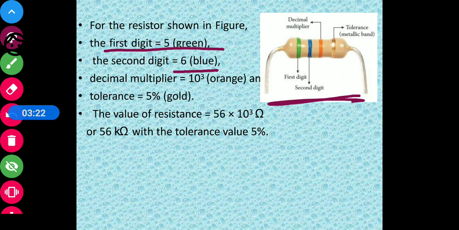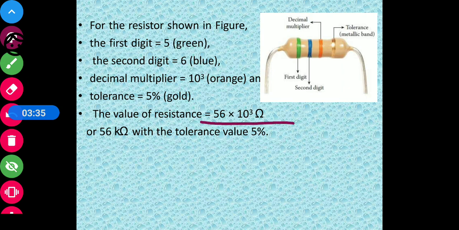The third ring, orange, is the multiplier; orange is 3, so 10 raised to power 3. The fourth ring is gold, which is 5%. So the resistance is 56 times 10 raised to power 3 ohm, or you can say 56 kilo ohm with a tolerance of 5%.